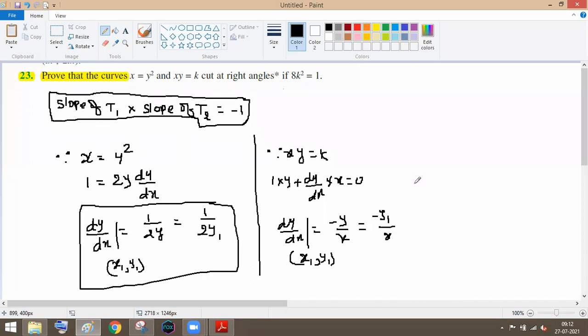Now, since both the tangents cut at right angle, the product of slopes will be equal to minus 1.